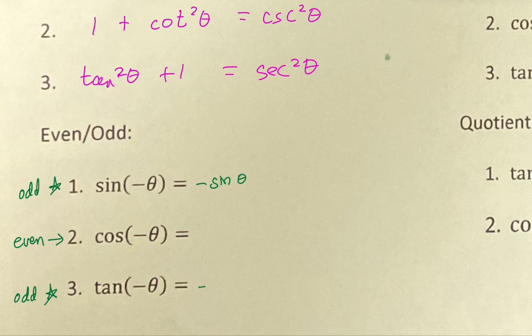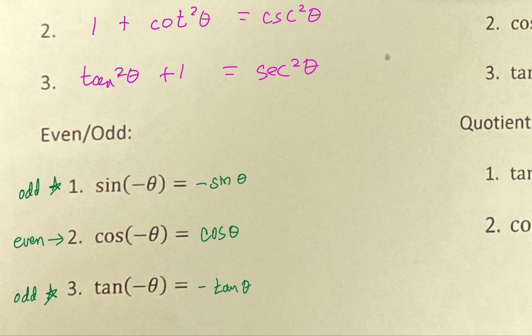And this one is odd, so the negative can come out in front. The only one that doesn't do that is the cosine. Because it is even, the negative does nothing to change the original function. So that is the even and odd identities.